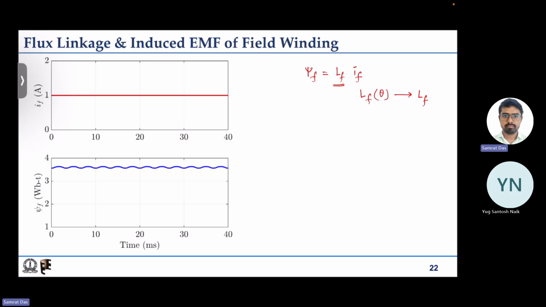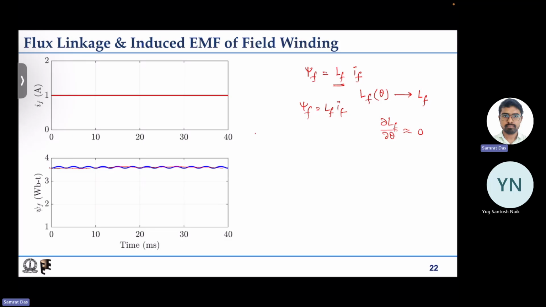Because it's a constant value, the flux linkage becomes LF into IF. So there is basically no change of flux linkage with rotor position, with rotation. So you can reasonably neglect the term dou LF dou theta.